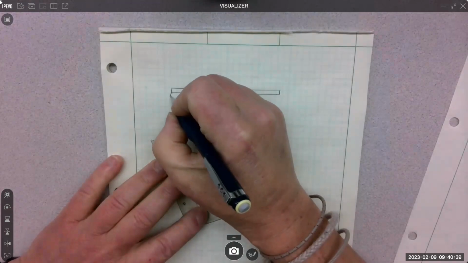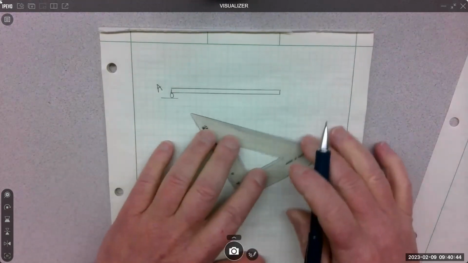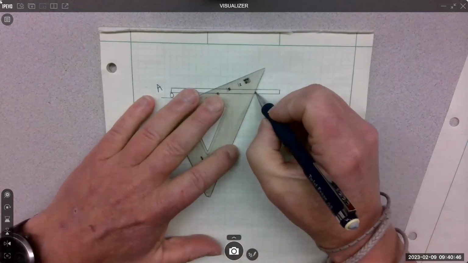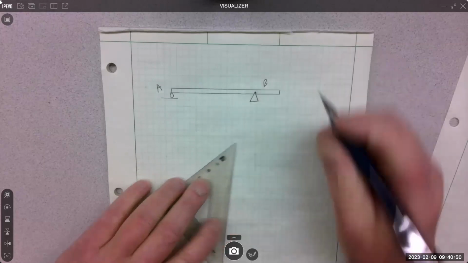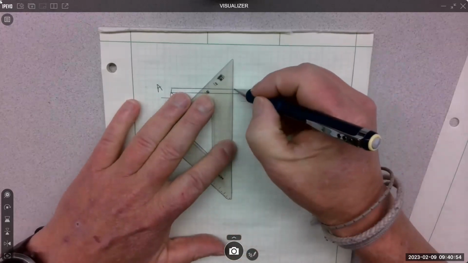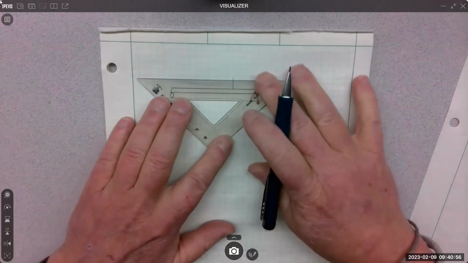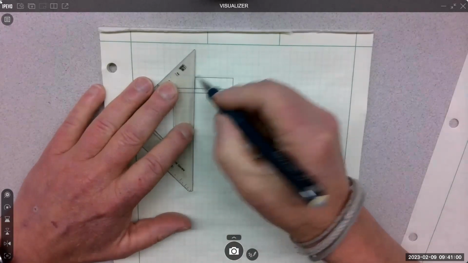I'll put a roller here at A and the ground. So this is how the problem comes to you. And then I'll put a pin here at B and the ground, right? And then I'll put a distributed load on it. And we'll just make it a uniform distributed load, kind of right here in the middle.